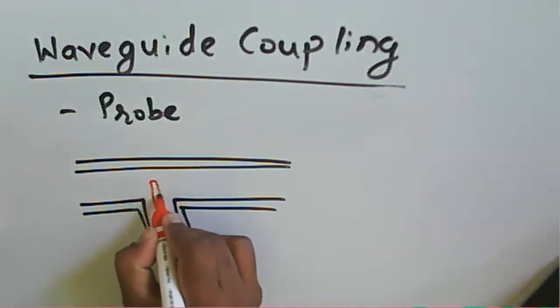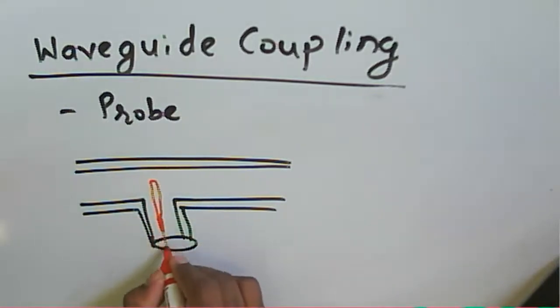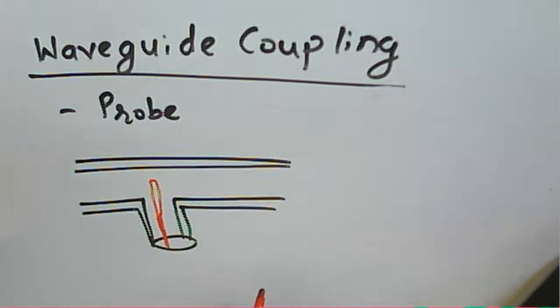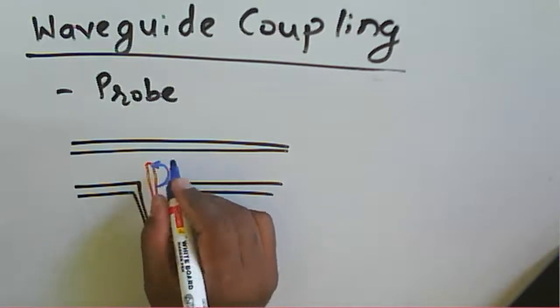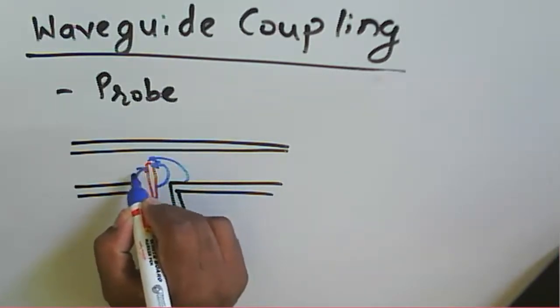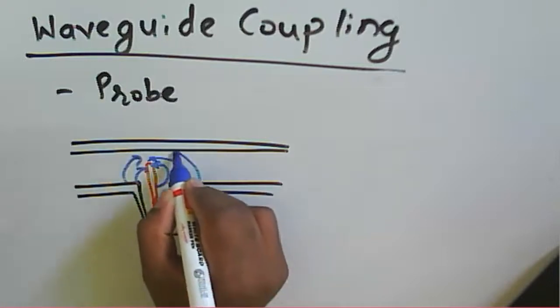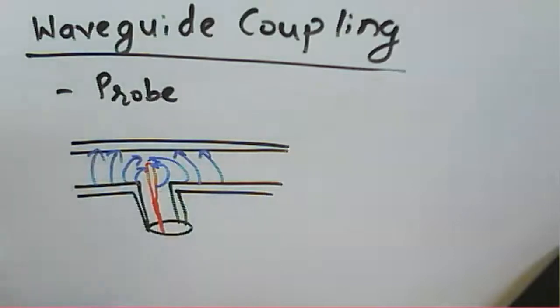This one is a small section of a probe that will be used to couple the power to the guide, and then when we couple the power to this probe, a signal will be coupled to the guide here.